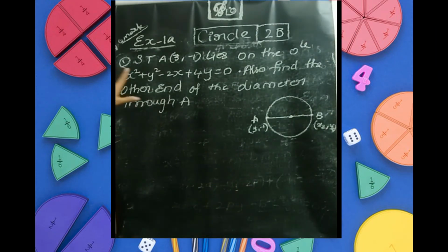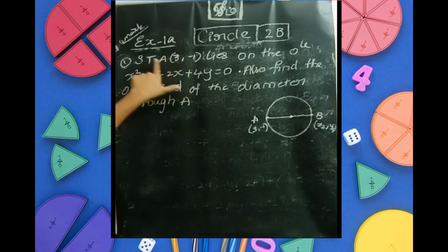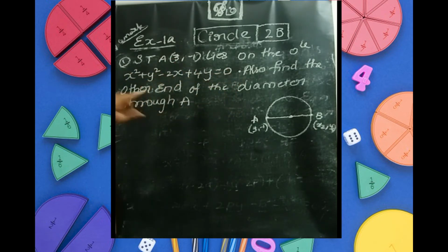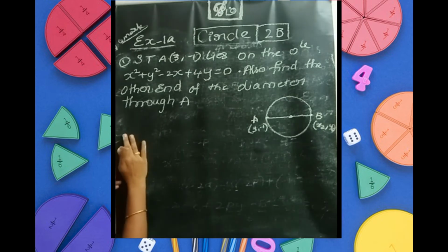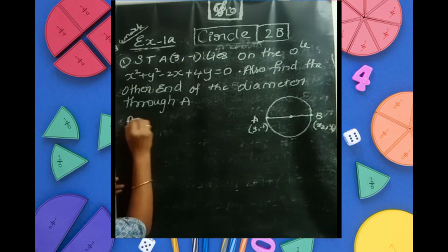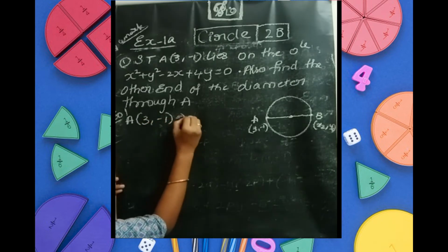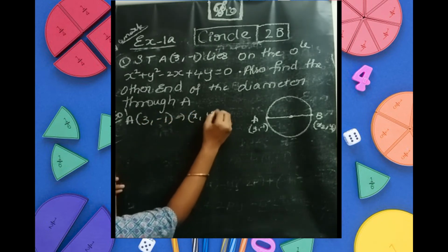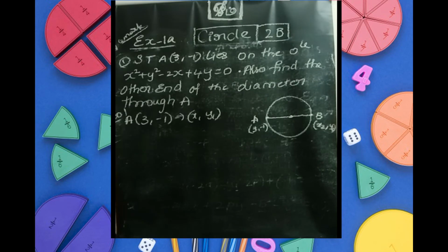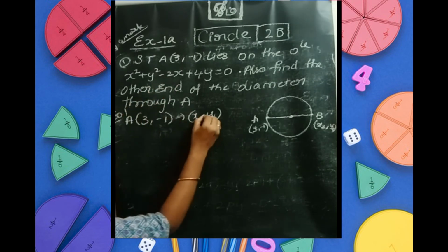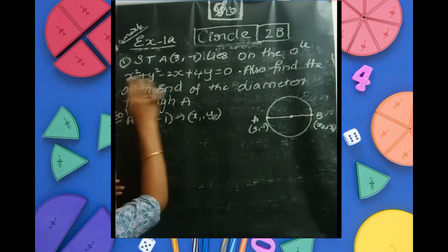Okay. First, show that this point lies on the circle. First we have to prove this point is lying on the circle or not. For that, we substitute the point they have given, 3 comma minus 1, that is x1 comma y1, into the equation.